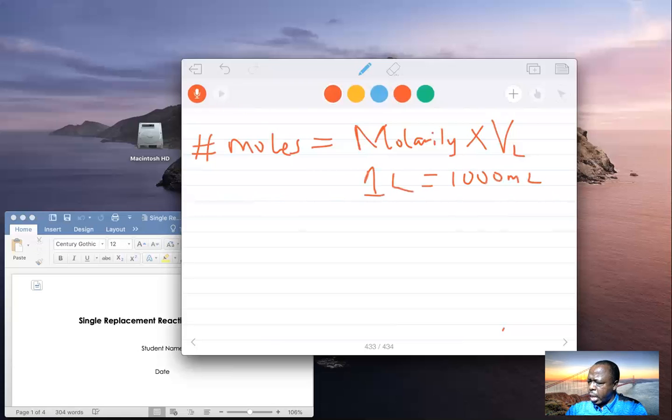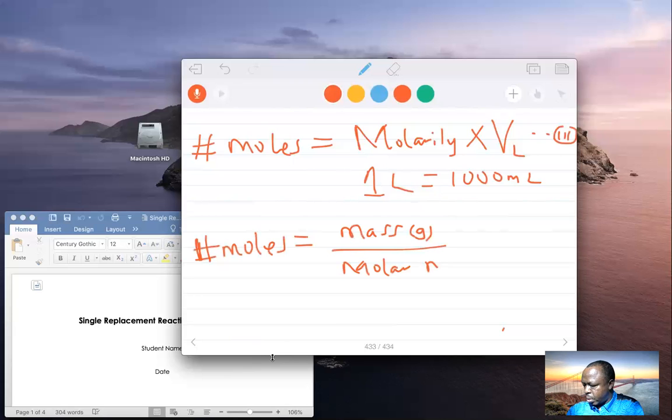Let me just use this as equation 3. There is another standalone equation for finding the number of moles, which we will also use in this experiment. The number of moles is given by the mass in grams over the molar mass or atomic mass.